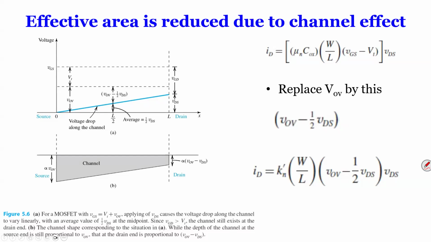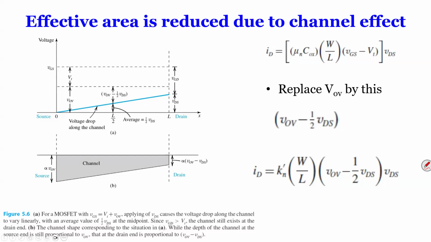But then the problem is that when the channel length starts to change, this overdrive voltage changes, and all the way over here you get less. So the effective area is no longer VOV times W over L, but actually it's going to be this trapezoidal form. You look at the total area and divide by the length. That gives you the total area. This is why we have VOV minus 1/2 VDS.